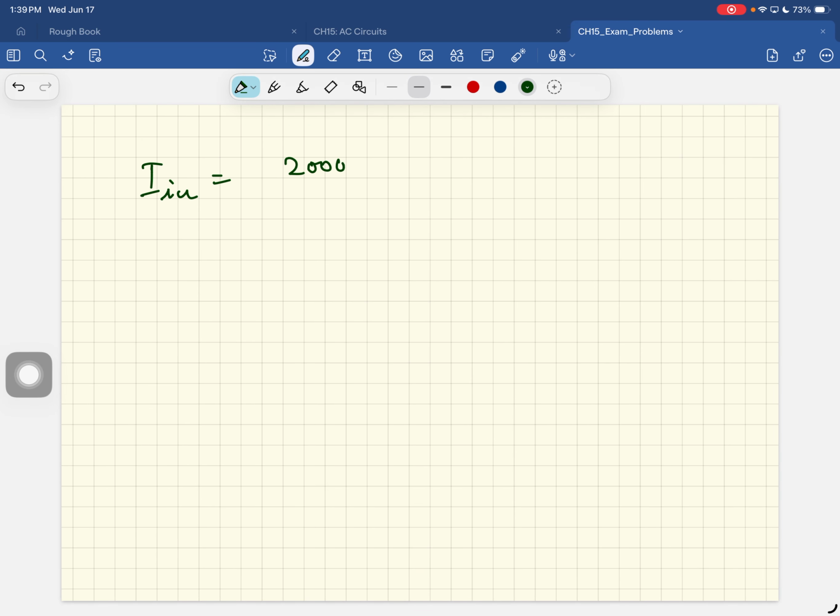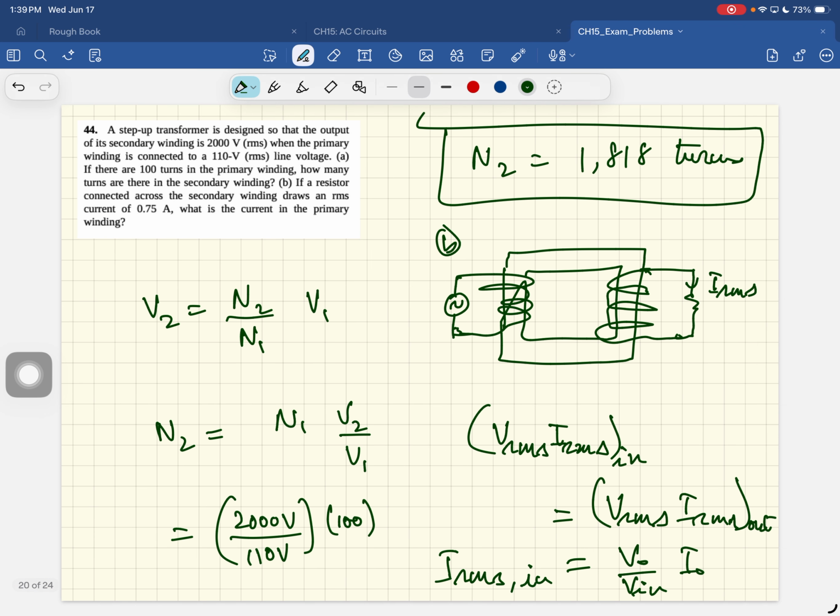So for every 1 turn in the secondary coil, there's 9.2 turns in the primary coil. So this is a step down transformer.